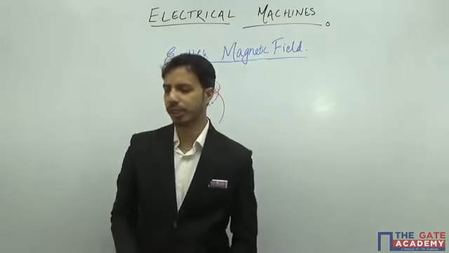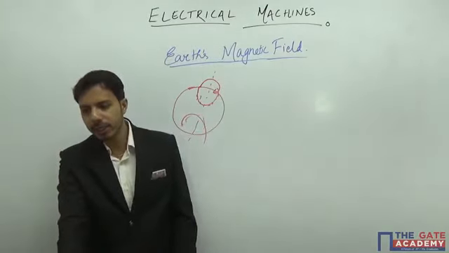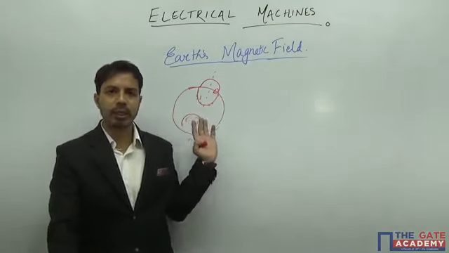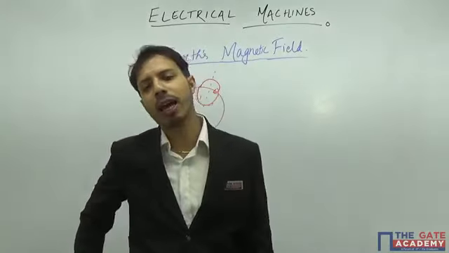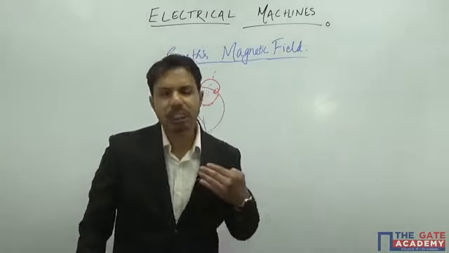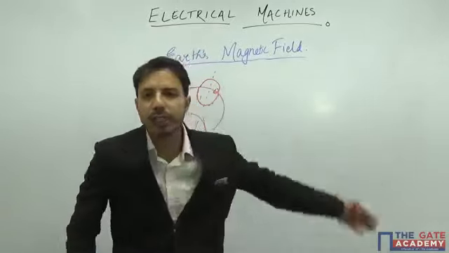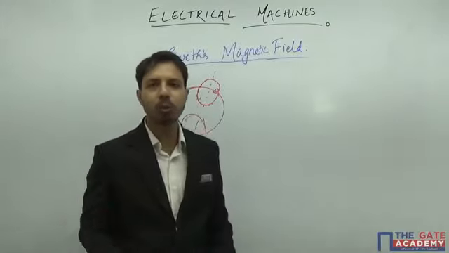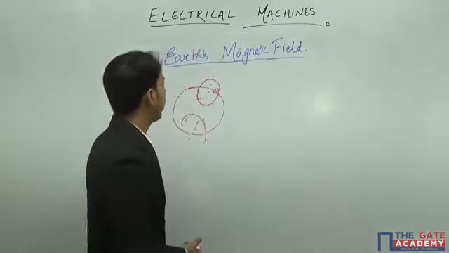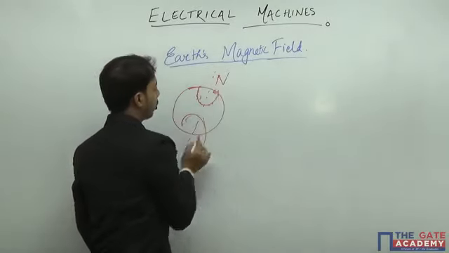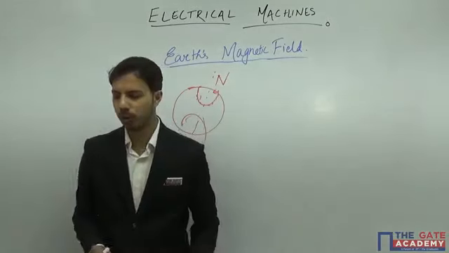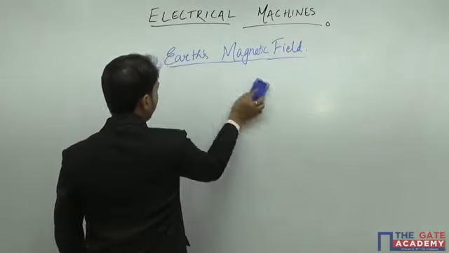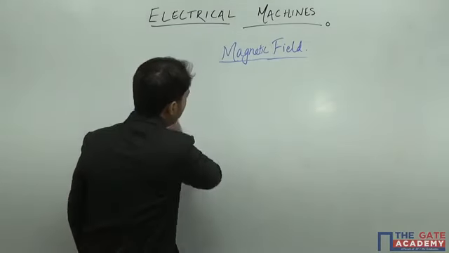Due to this rotation, electric current is generated, and due to that electric current a magnetic field is generated. Ultimately, this magnetic field, this whirlpool motion and electric current give rise to two poles, which we know as North Pole and South Pole. So this is the reason why we have North Pole and South Pole in our Earth.